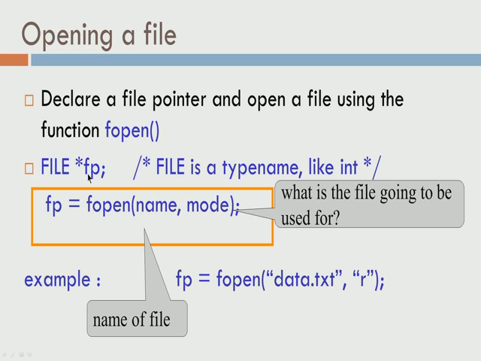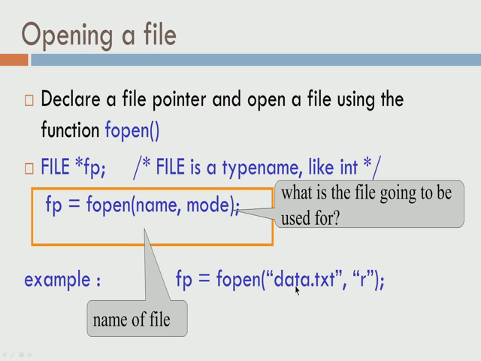Right? So we have a file pointer now, and we can do fp equals fopen of name comma mode. The name should be the name of the file that you're trying to open, and mode can be one of three things. Let's see this example: fp is fopen of "data.txt" comma "r". If we say r, it's supposed to be in read only mode.